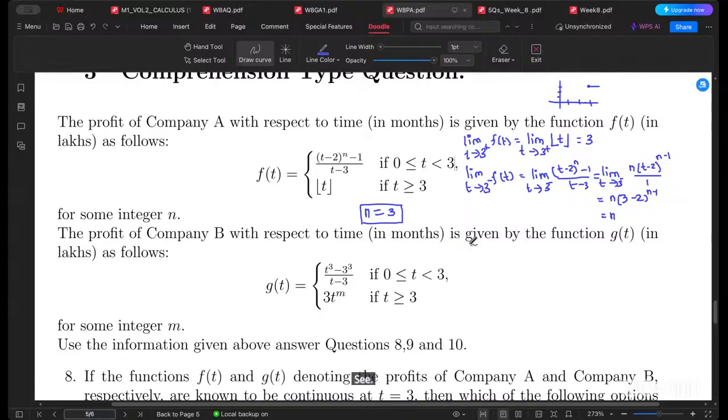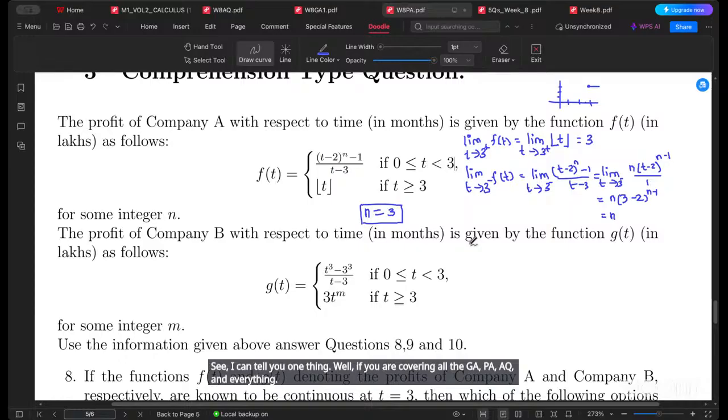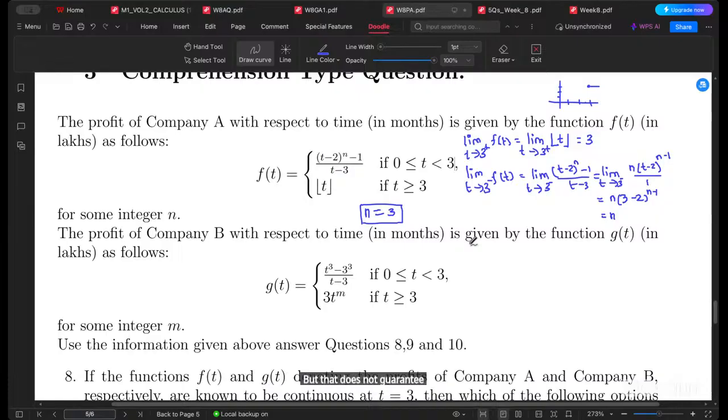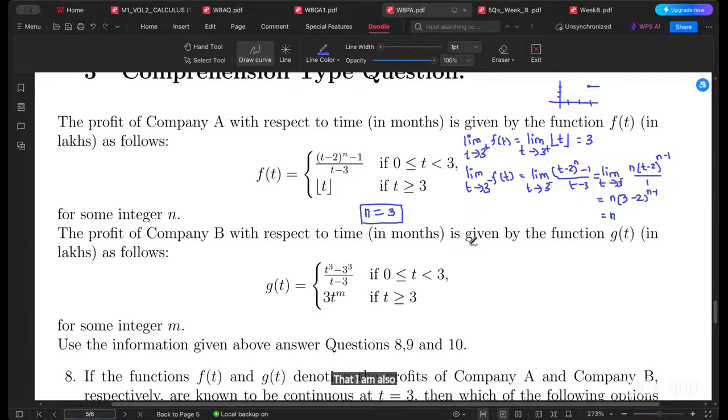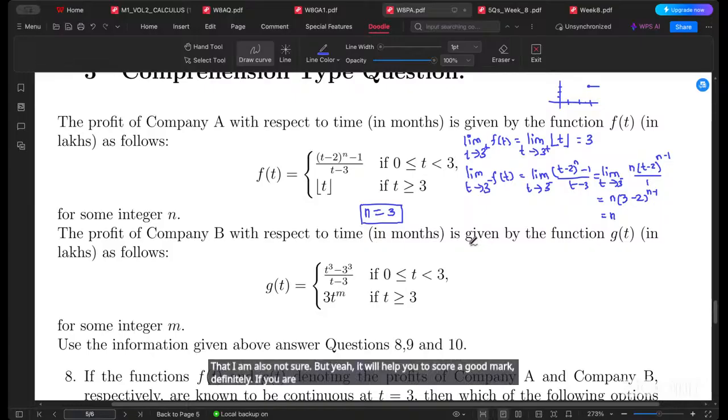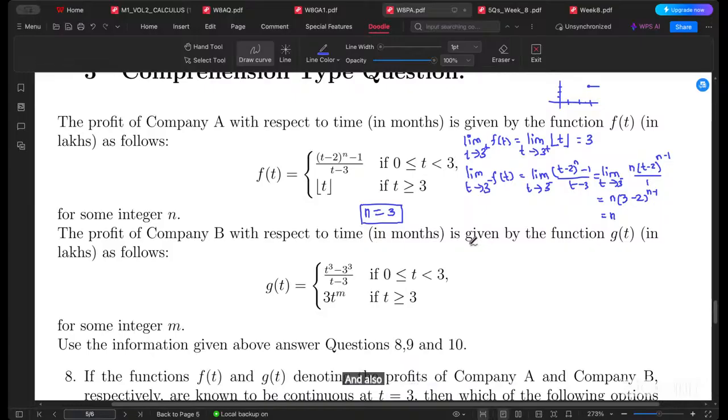See, I can tell you one thing. If you are covering all the GA, PA, AQ, and everything, that guarantees some percentage, and PYQs also help in some percentage. But that does not guarantee 100% definitely. What the exact percentage is, I am also not sure. But it will help you to score good marks.